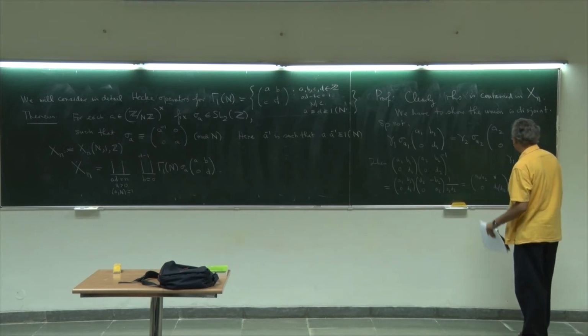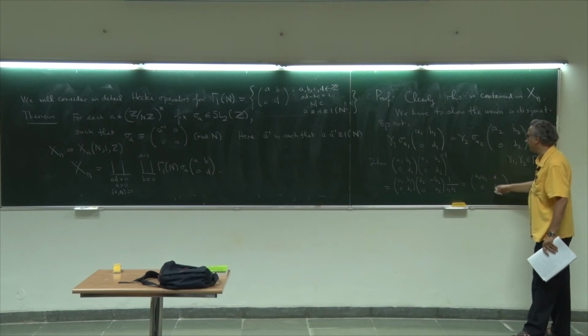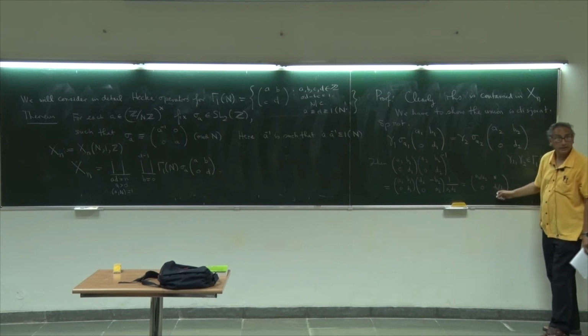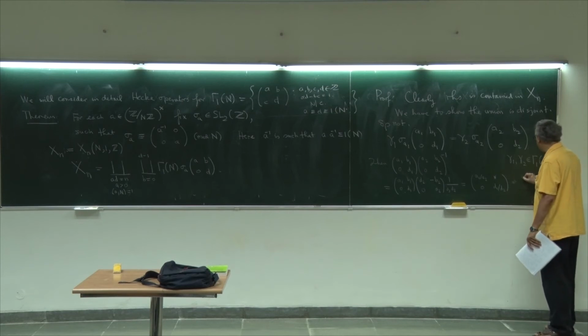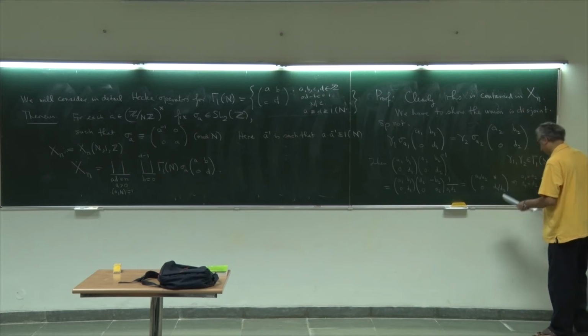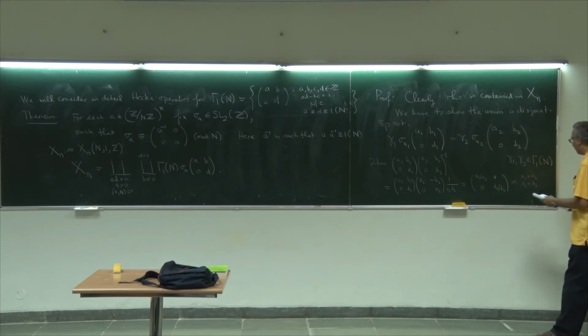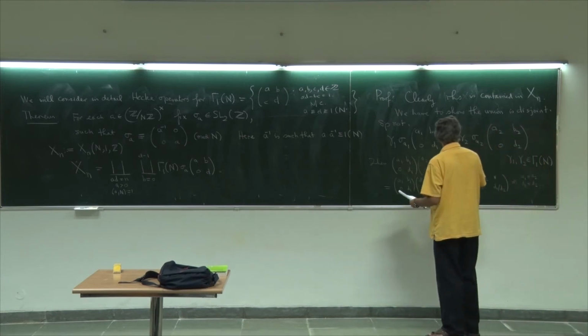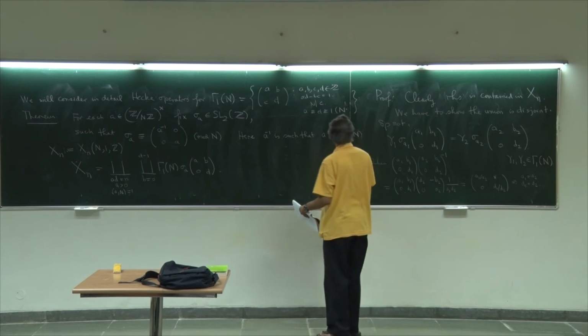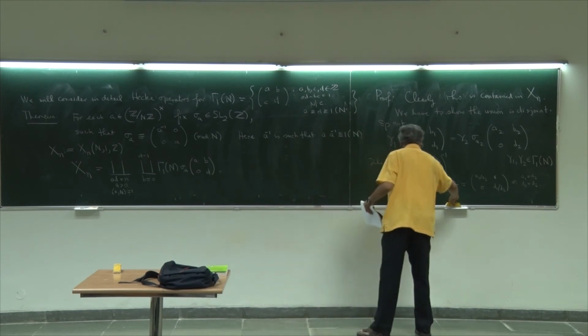Which implies that, so this element is in SL2Z, and so therefore this implies that A1 equals A2 and D1 equals D2, since the A's are positive. And therefore I can go back and rewrite. I'm running out of space, so let me just continue here.